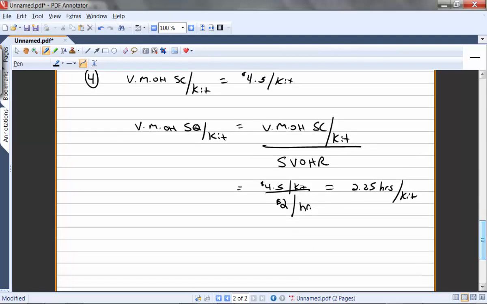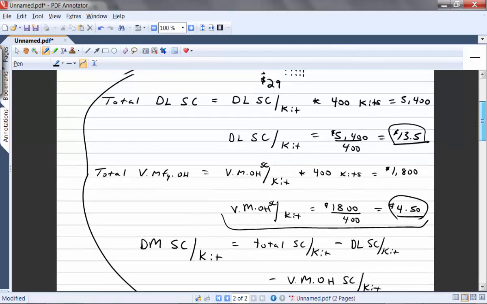Right? So that means that the direct labor standard rate per hour is just equal to the direct labor standard cost per kit divided by the direct labor standard quantity per kit, which is equal to the direct labor standard cost per kit we found was 13.5.